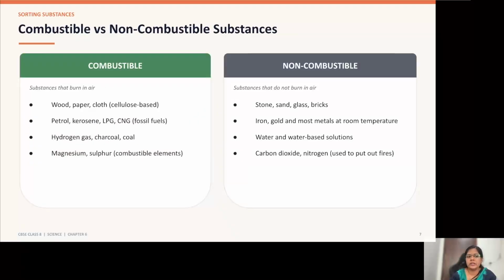Can you give me an example of combustible and non-combustible substances? Okay, so check the list here. Here you should observe that we have written iron, gold and most metals at room temperature.